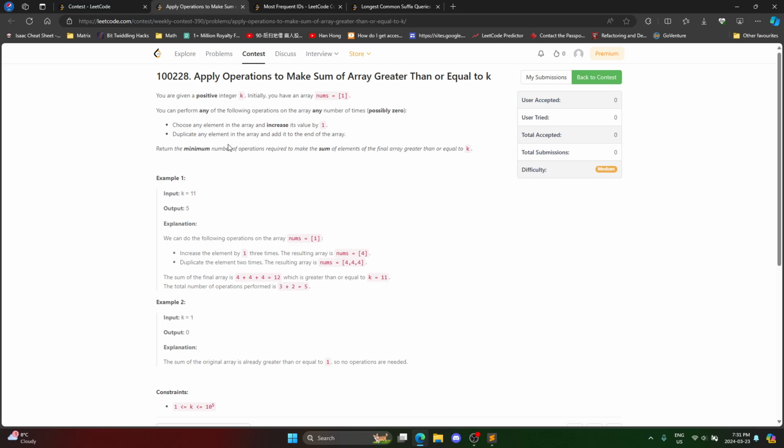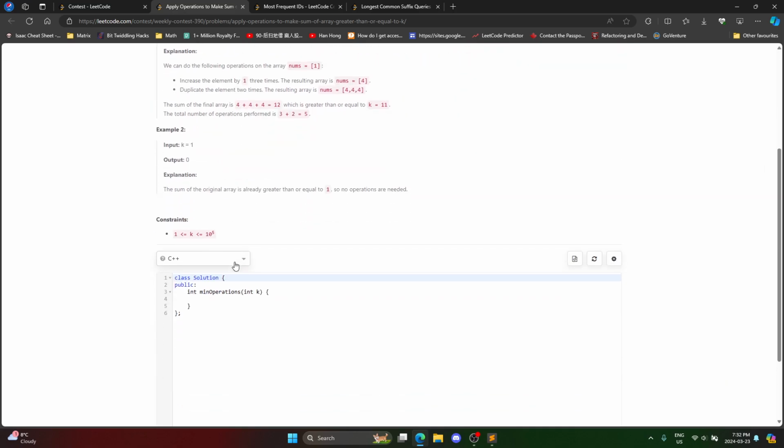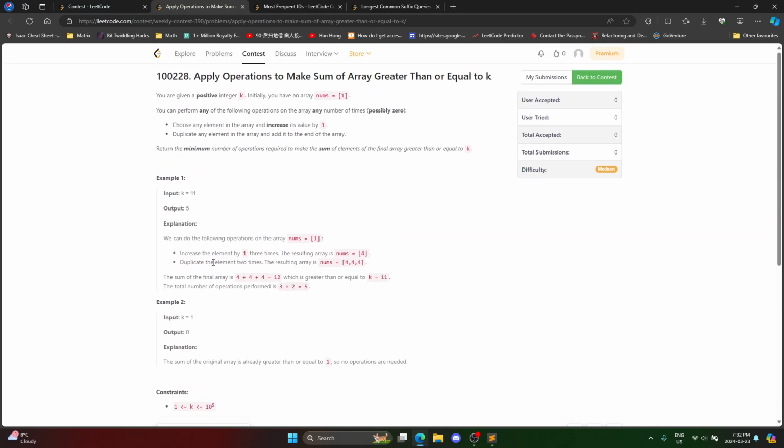Nums equals 1. Choose any element in the array, duplicate it and add it. Isn't this like, okay, so K is, so we can simulate it.